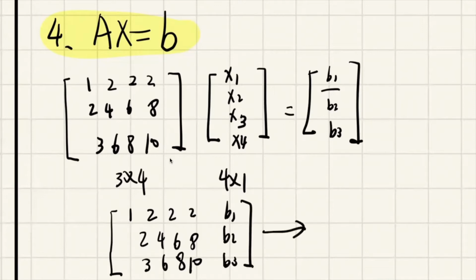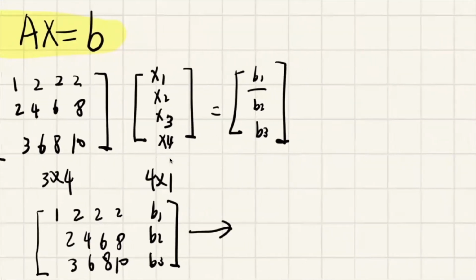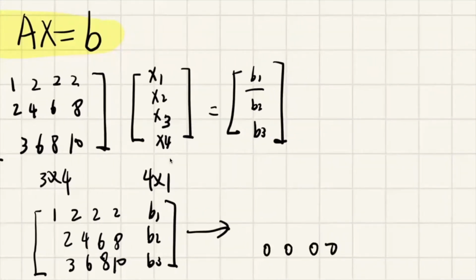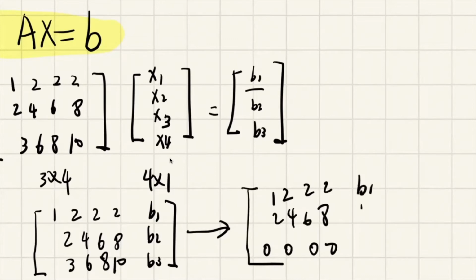If we use the first row, add the second row, or multiply by -1 and give it to the last row, it will become 0, 0, 0, 0. Then 1, 2, 2, 0, 2, 4, 6, 0, and b1, b2, b3 minus b1 minus b2.